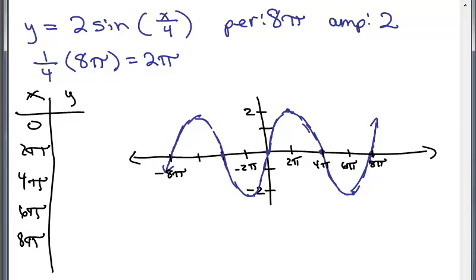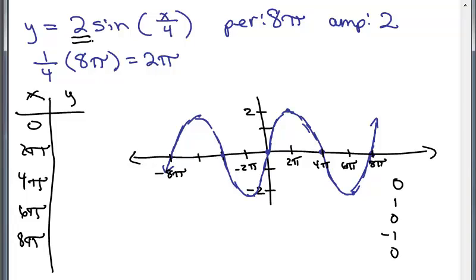But the y values, remember the sine function goes 0, 1, 0, -1, 0. Remember we're going to multiply it by 2, because the amplitude is always positive. If it was negative, we would multiply it by -2.